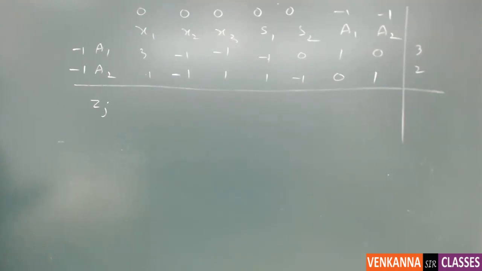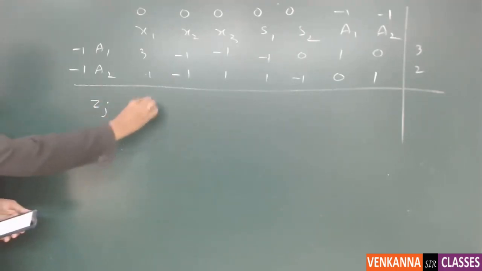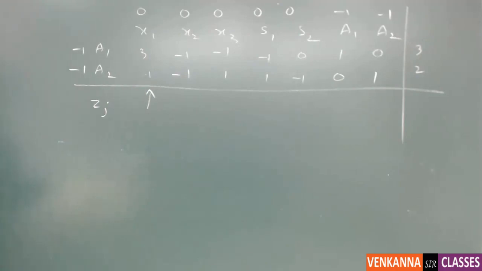Since the objective function is maximization, what is the optimality condition for Cj minus Zj? All the values must be less than or equal to 0. Exactly. So earlier we check for greater than or equal to 0 for optimality condition. Here we check for less than or equal to 0. So it is evident from your argument that we are going to replace column x1.